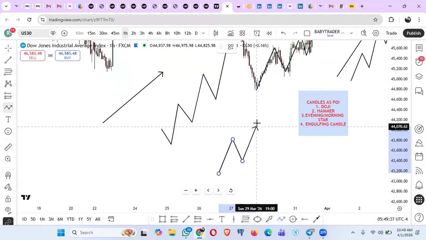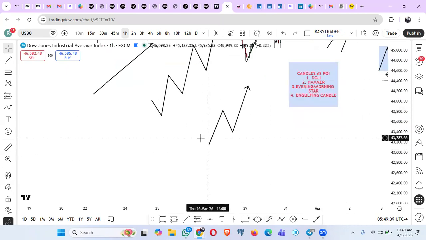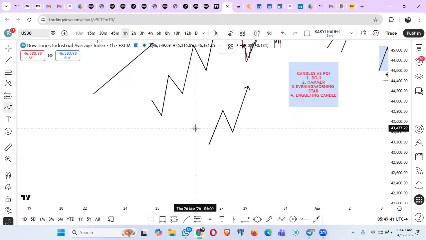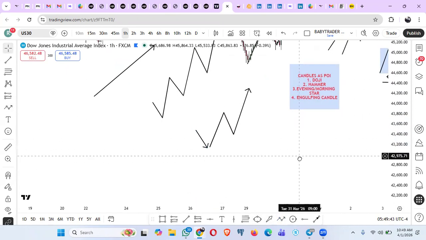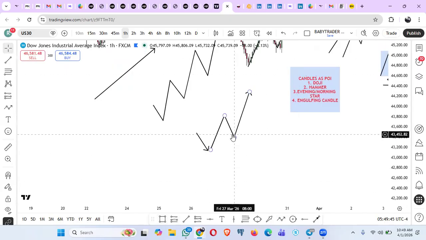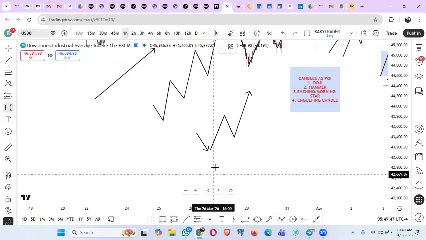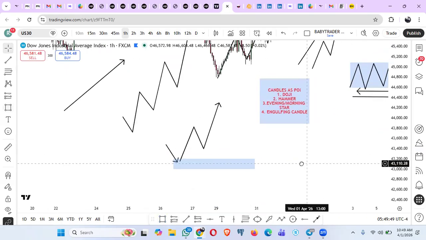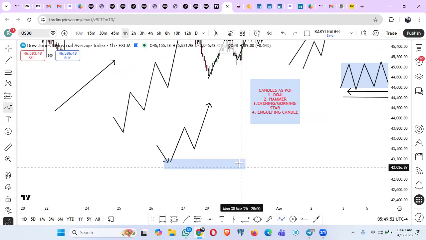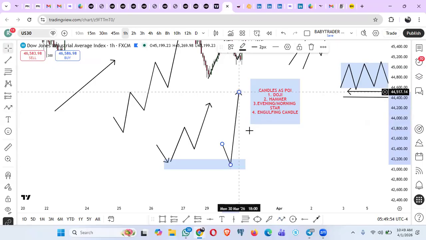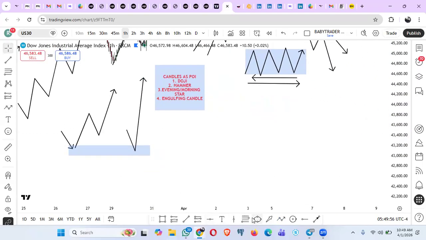Check where the market came from. Check the origin of that first push. If you can see any of these candles here, that would be your point of entry. Same for your bearish market.